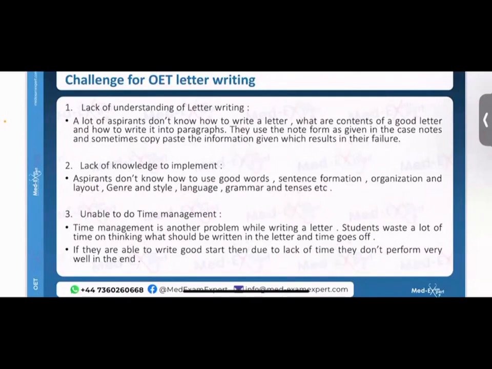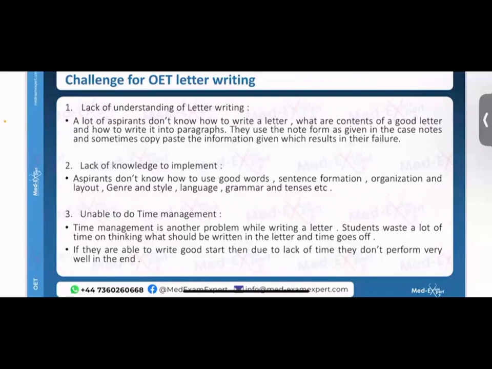He told me he had only prepared for the referral letter, and in the exam he got a discharge letter. He applied the same format and paragraph organization as for the referral letter, and the result was exactly as per his expectations. The other 3 modules were passed and he failed the writing module.